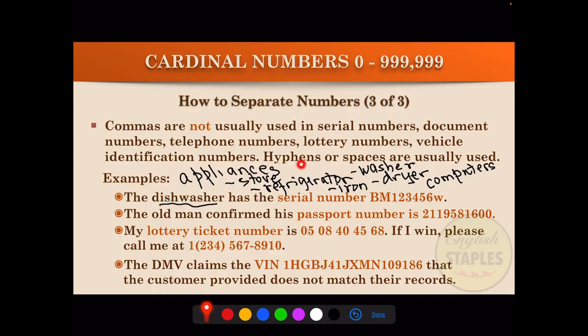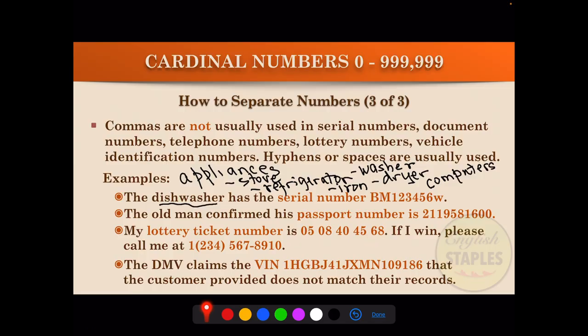Here we did say hyphens or spaces are usually used between some numbers. Hyphens or spaces. So here we definitely see spaces between these numbers. So for lottery tickets, they have spaces between the numbers.